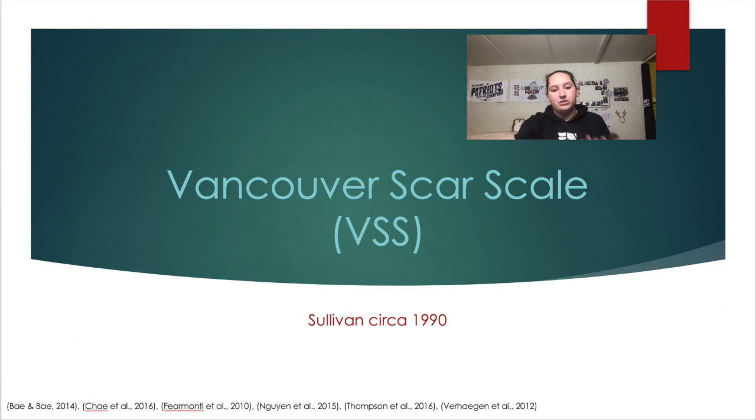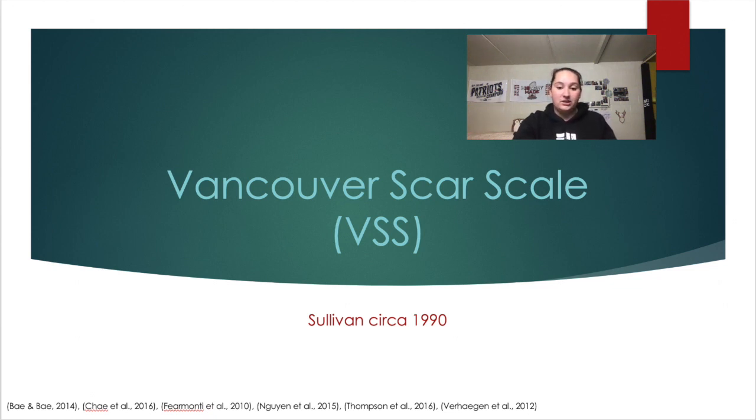Again, it was the first, in 1990. So it set a precedent for the systematic evaluation of scars, because it takes a semi-quantitative approach to organizing and collecting the data.